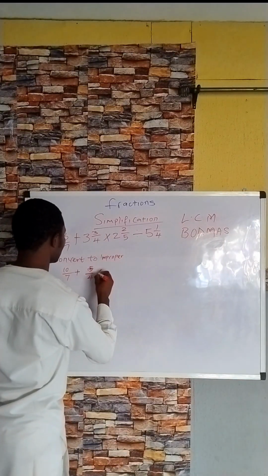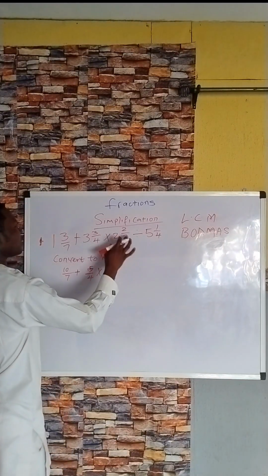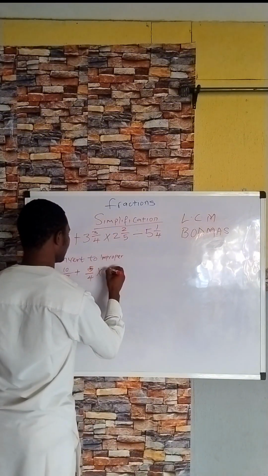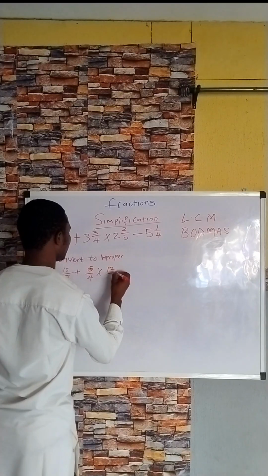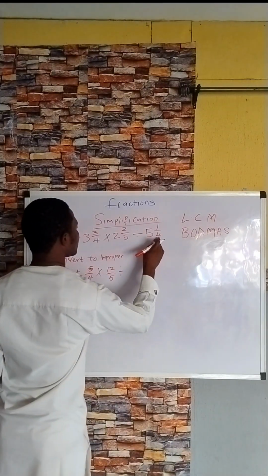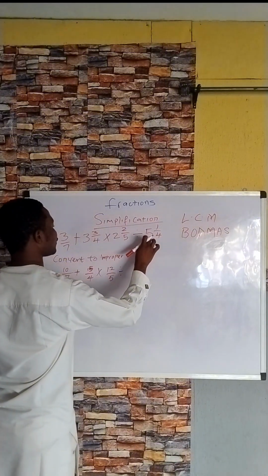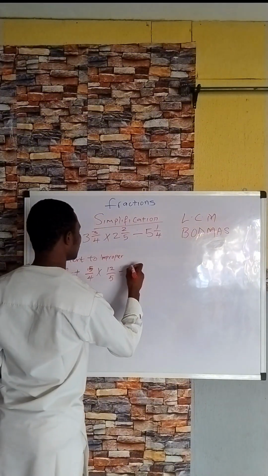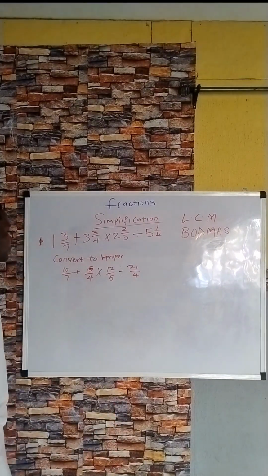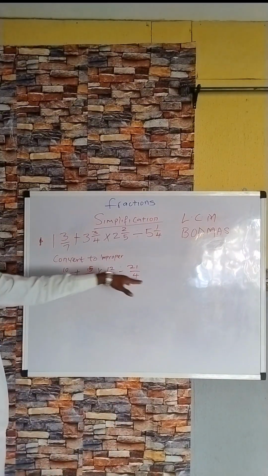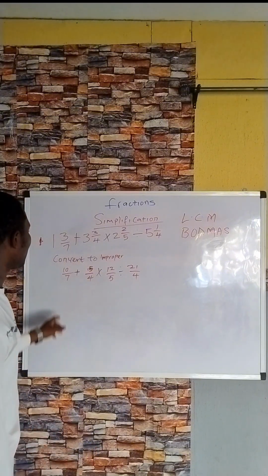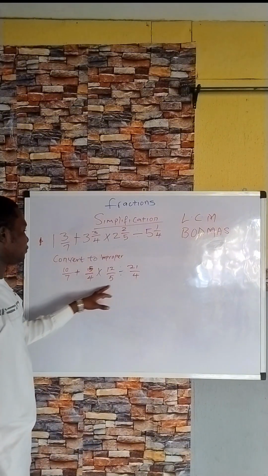Bring down the sign, multiplication. 5 times 2 is 10 plus 2 is 12. So this becomes 12 over 5. Division. 4 times 5 is 20 plus 1. This becomes 21 over 4. So this becomes improper.